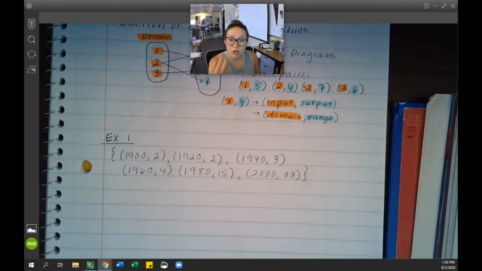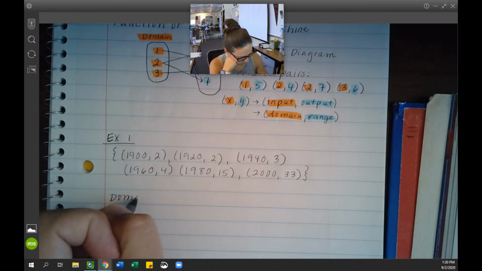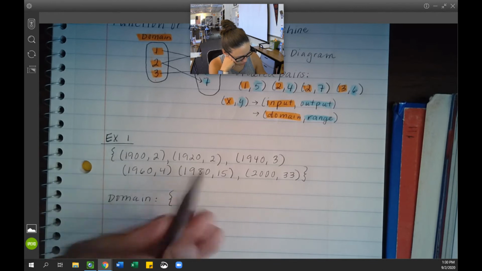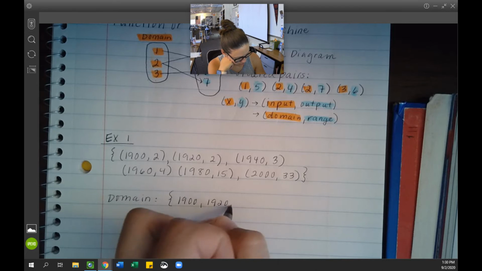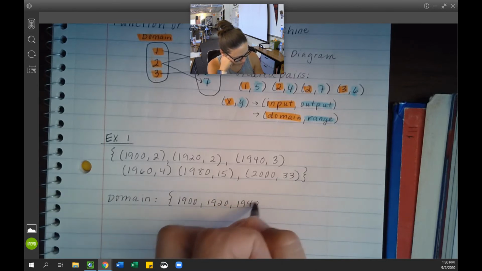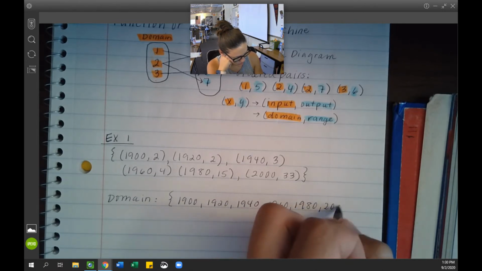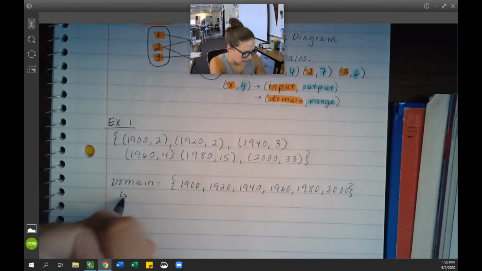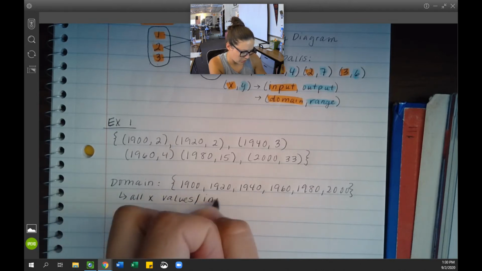Okay, so the domain is all of the inputs or all of the x's. So my domain is all of the x coordinates: 1900, 1920, 1940, 1960, 1980, and 2000. So the domain is all the x values, slash inputs.